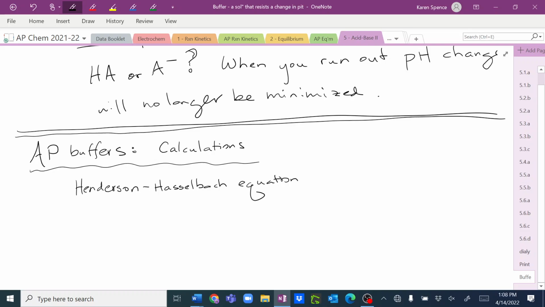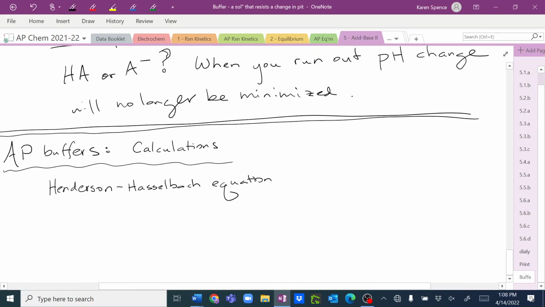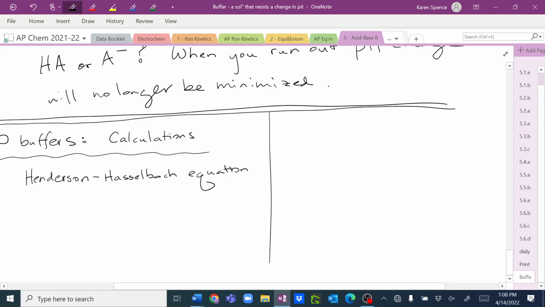So, if you have no buffer, your pH is going to go, actually it would go down if we add acid, really fast.